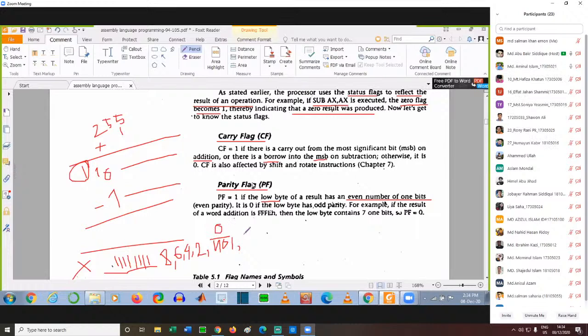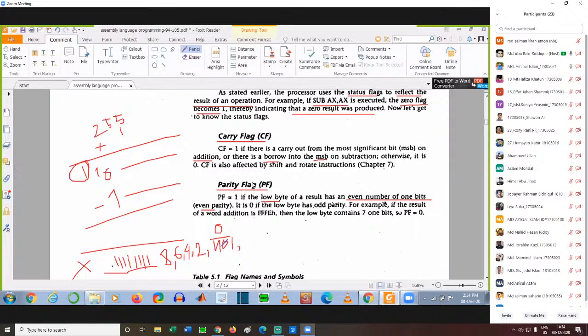So PF equals 1 if the low byte of a result has an even number of 1 bits. That is called even parity. Which ones are even parity here? 8 ones, 6 ones, 4 ones, 2 ones, and 0 ones. 0 ones means all are 0, low byte is 8 zeros, there is no 1, but PF will still be 1.